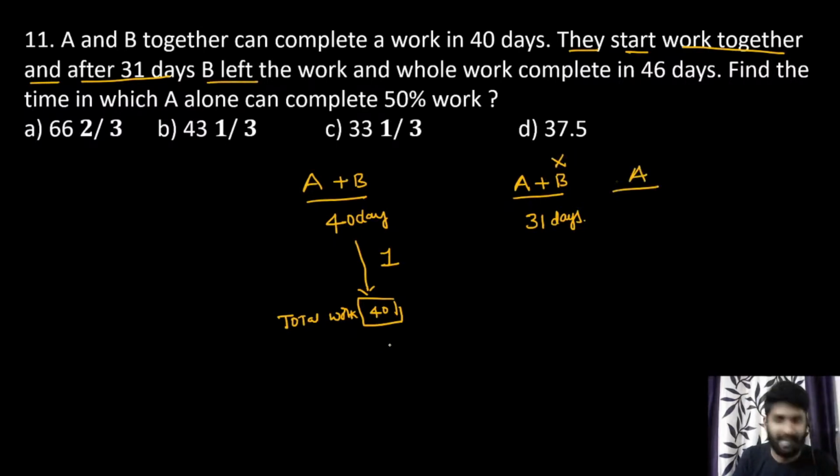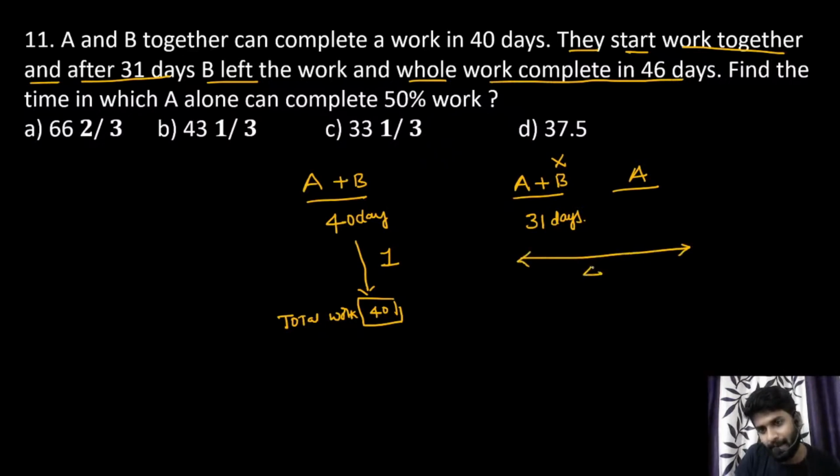And the whole work is completed in 46 days. So A and B together worked for 31 days. After B left, A alone worked exactly 15 days. Up to now, clear or not?